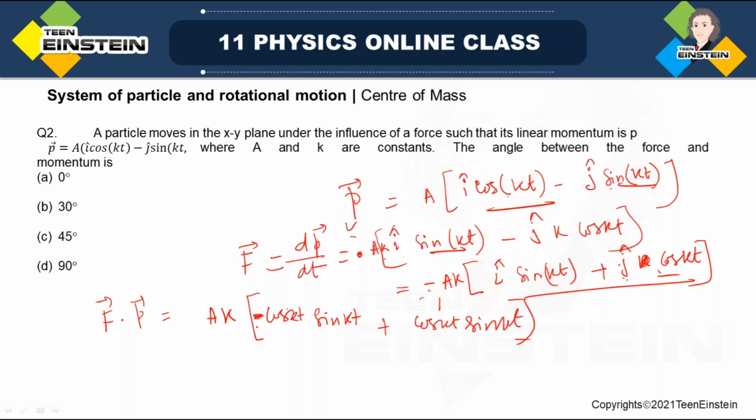These are actually the same, but there is a negative sign over here, so this will give you 0 ultimately.